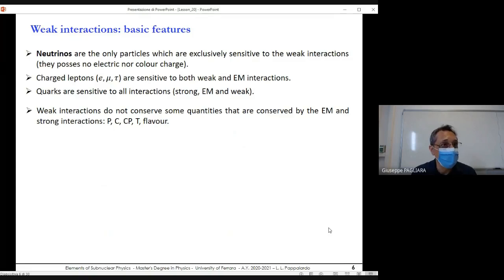And as we already anticipated in one of our first lessons, weak interactions do not conserve some fundamental quantities that are symmetries for the other interactions: the parity, charge conjugation, CP, time reversal, etc. We anticipated this already a few weeks ago. Today we will study in detail how this was discovered experimentally and how this is encoded in the formal theory of weak interactions.